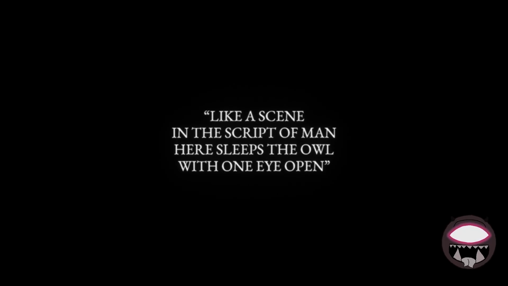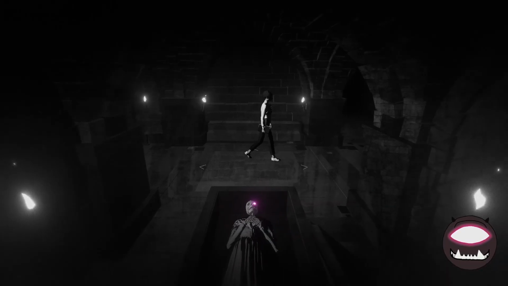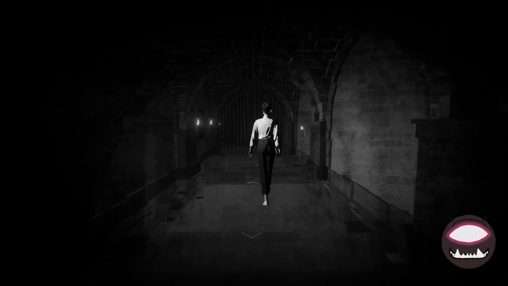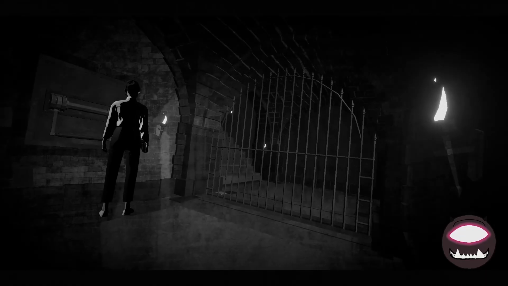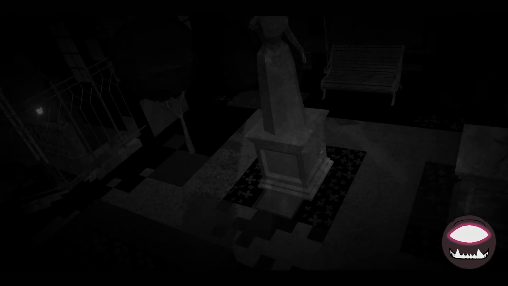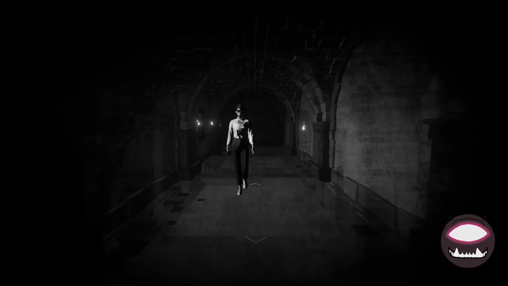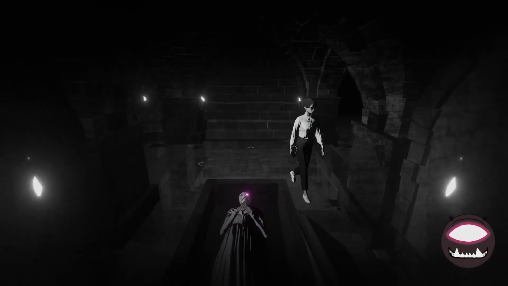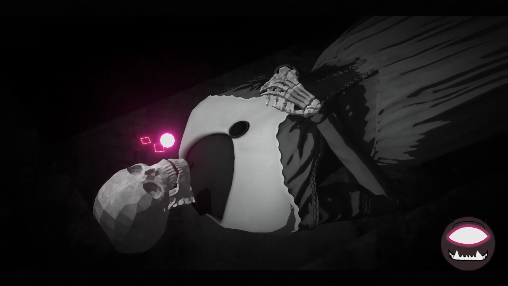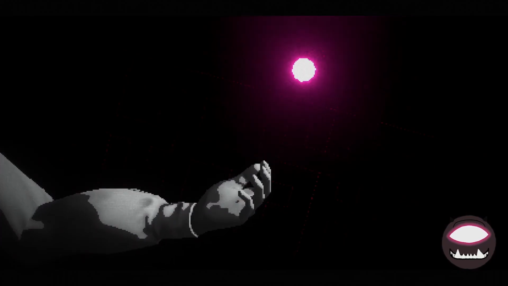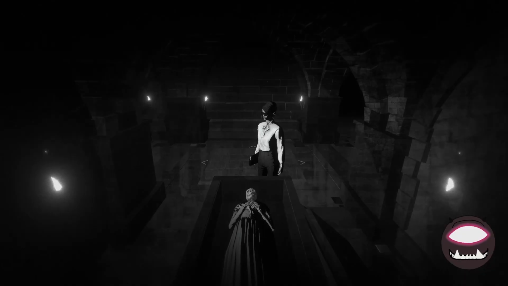Like a scene in the script of Man, here sleeps the owl with one eye open. Nice.